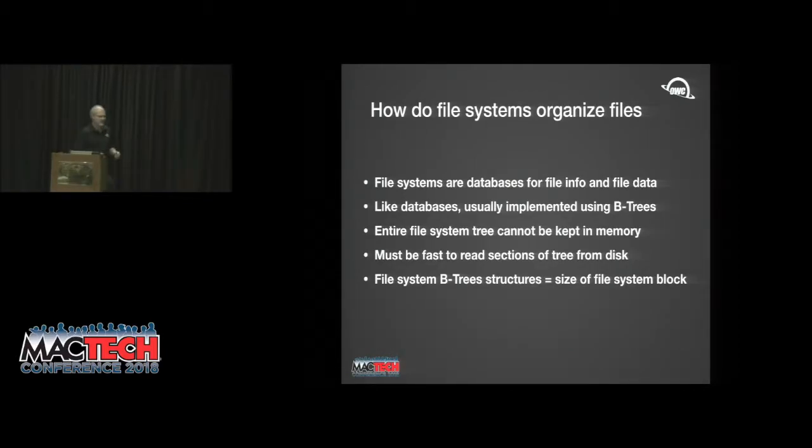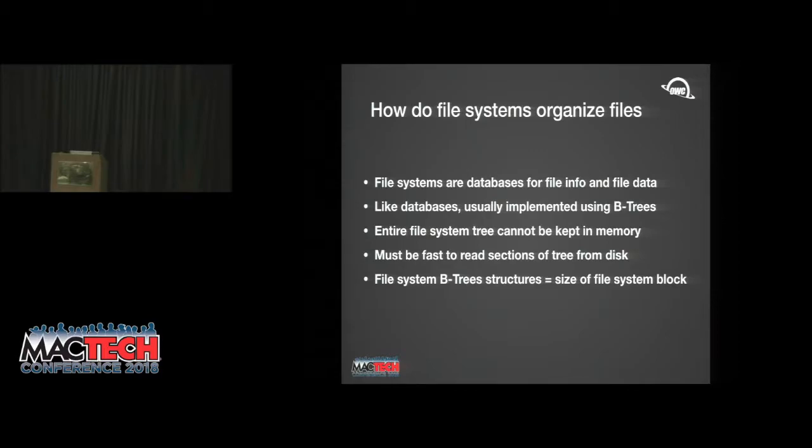So let's go on to the next thing that APFS does differently, which is how does it organize files? This is often called the catalog. You've heard people talk about a file system catalog. So we're going to go into file system catalogs and how they're organized on disks. You can think of a file system really as nothing but a giant database, right?